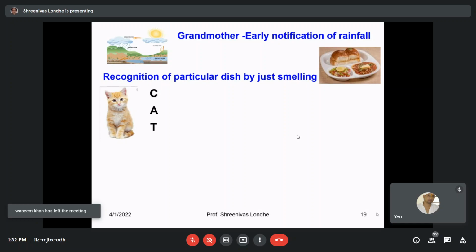Cat means billi. Likewise, we train that particular infant. A human being learns from the training, from the experiences.